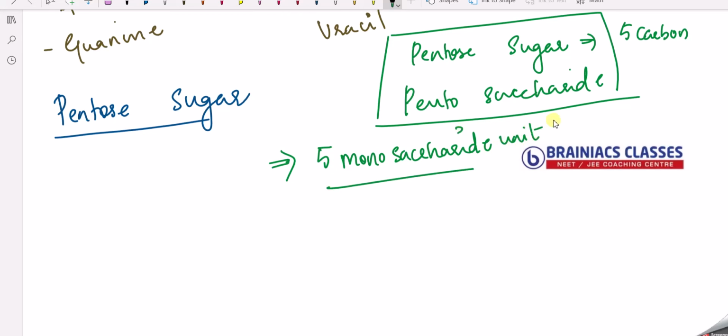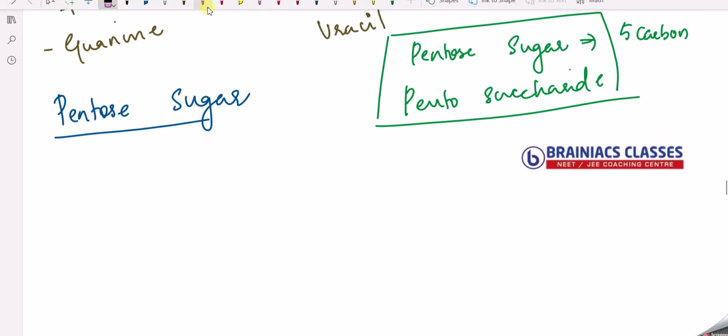Pentose sugar is a single molecule of sugar which has 5 carbons in it, whereas pentosaccharide means 5 monosaccharide units. The monosaccharide unit may have 3, 4, 5 or 6 carbons. Five such monosaccharide units join together to form a pentosaccharide. I think everyone is clear about the difference. Any doubt?